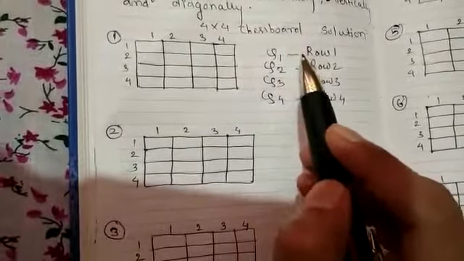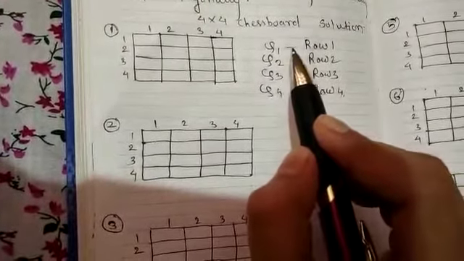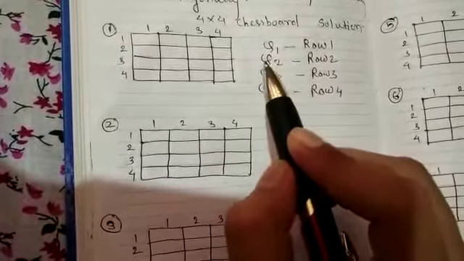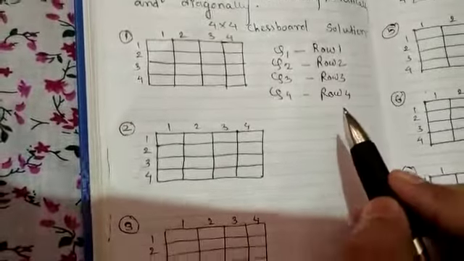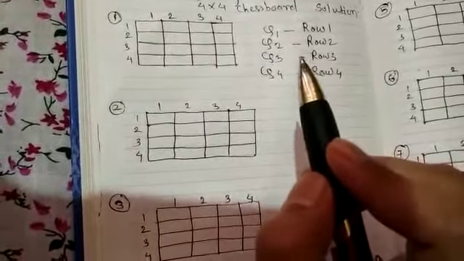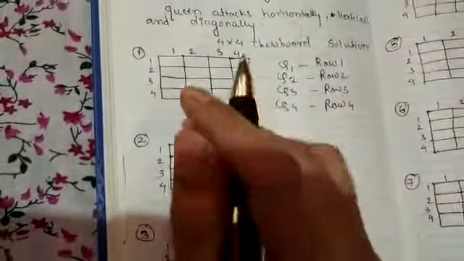So in order to reduce the complexity of the problem, we have put one condition: queen 1 will be placed in row 1, Q2 will be placed in row 2, and so on. So now rows are fixed, and we just have to find the column where to place each queen. So let us start with the solution.